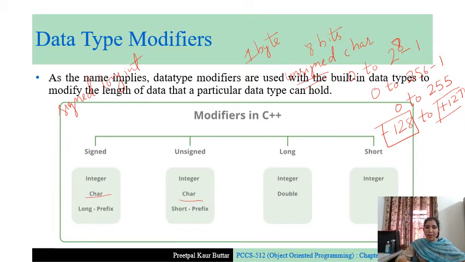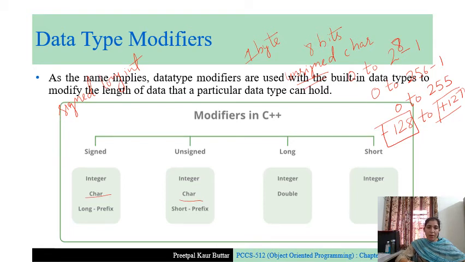Similarly, if the char is signed, then half of the values will go to the negative side and half of the values will go to the positive side. That is minus 128 to plus 127. 128 values are negative and 128 values including 0 are positive. Similarly, we can have long double, and long and short can also be used with signed and unsigned.